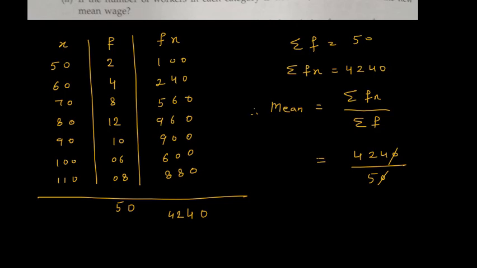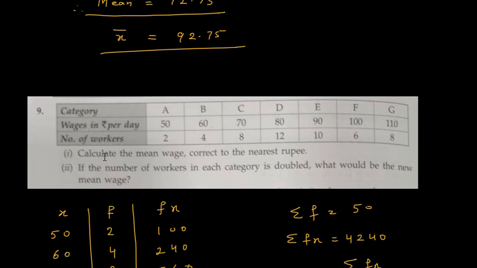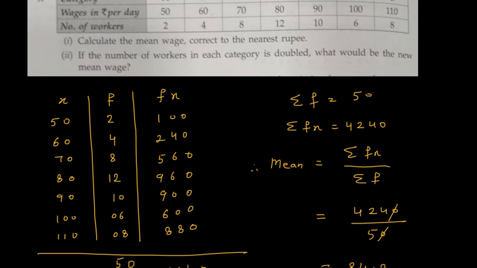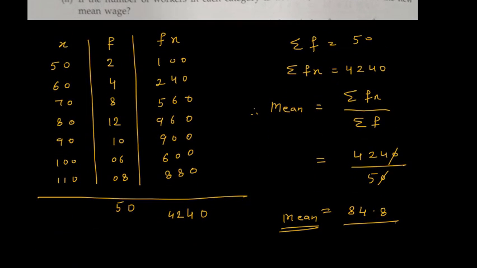This 0 we cancel, and then 5 8s are 40, 2 24, 5 4s are 20, then 4 40, 5 8s are 40. So this is mean. So your mean is 84.8, right? So calculate the mean wage corrected to the nearest rupee. This is the mean wage.